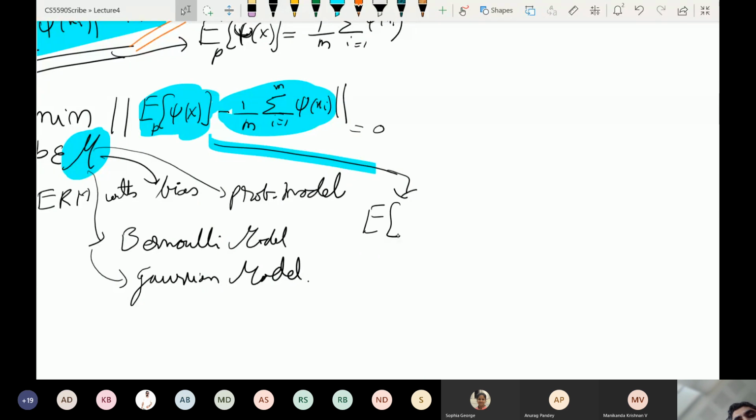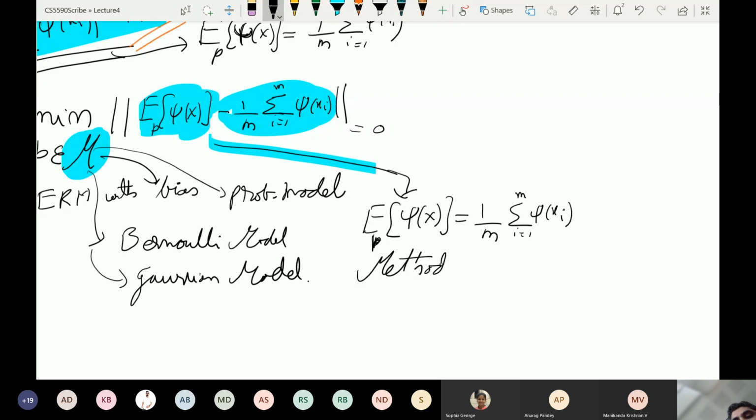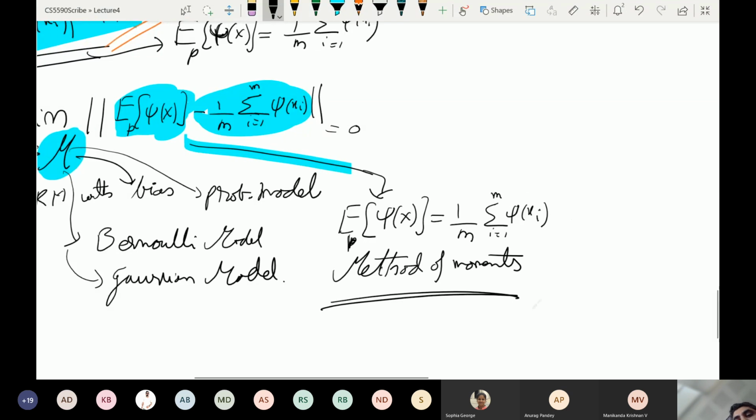So actually the problem that has to be solved is expectation of psi of x is equal to 1 by m summation of psi of xi. So instead of calling it an optimization problem, it's actually a problem of solving some set of equations. This method for estimating the underlying distribution is called the method of moments.